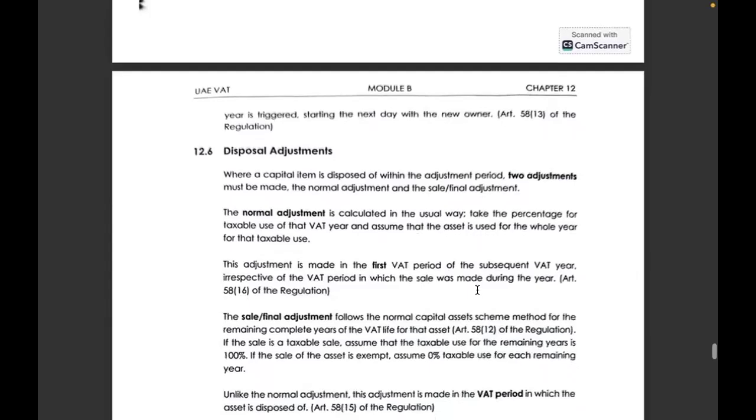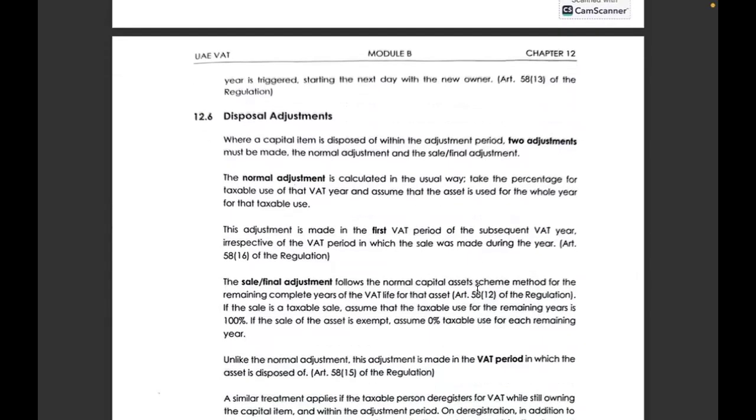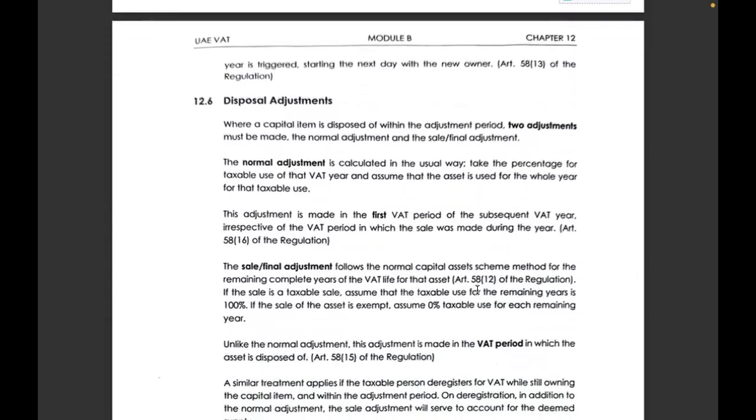Disposal adjustment: where a capital item is disposed of within the adjustment period, two adjustments shall be made: the normal adjustment and the sale or final adjustment. So what are these two adjustments?